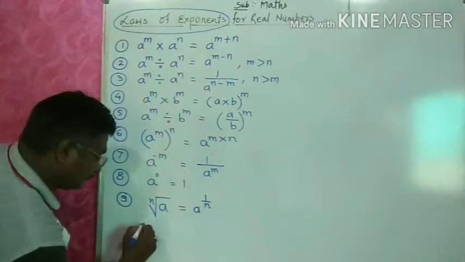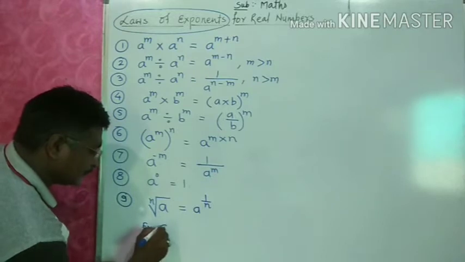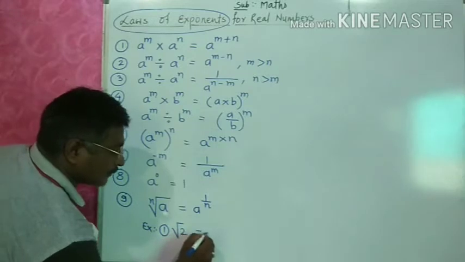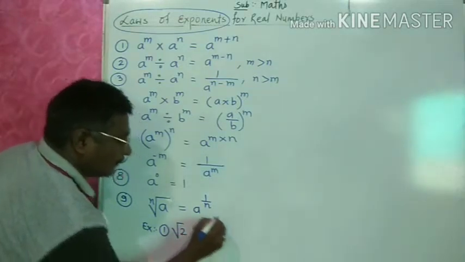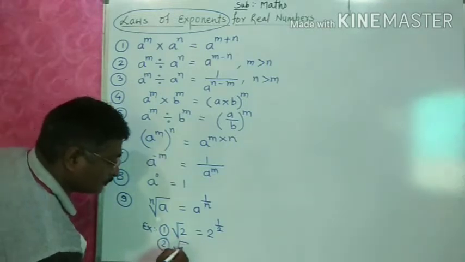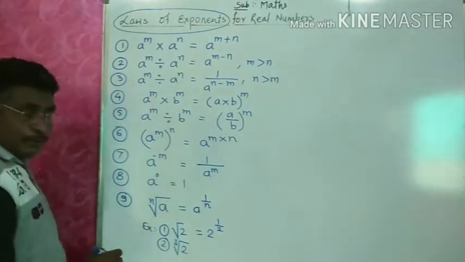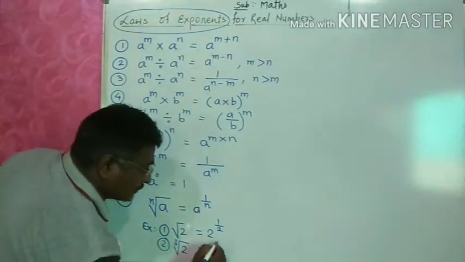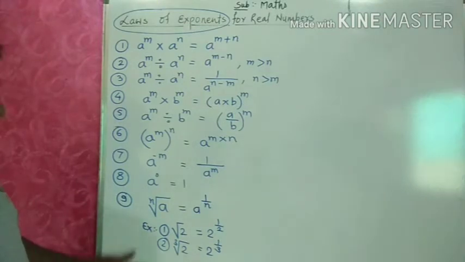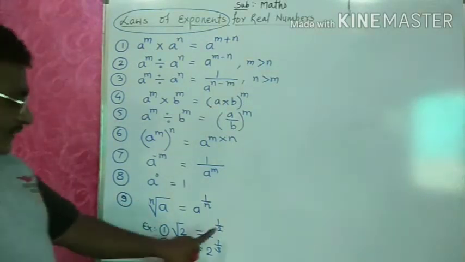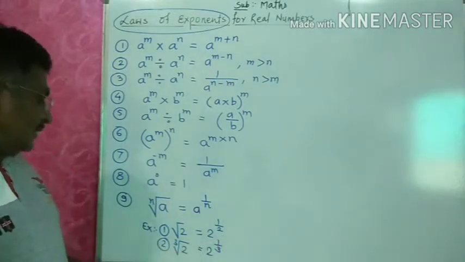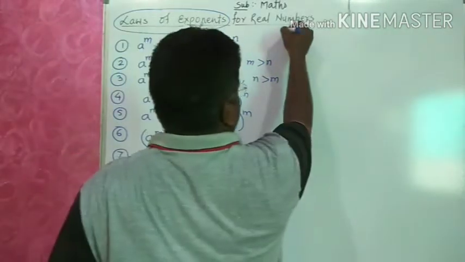For example, square root of 2, how can we write this? 2 raised to the power 1 by 2. Cube root of 2, 2 raised to the power 1 by 3. In this way, whatever number is written here will come in the power denominator. Understood this?